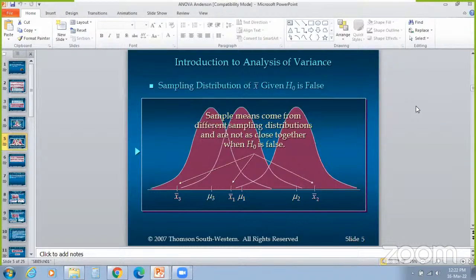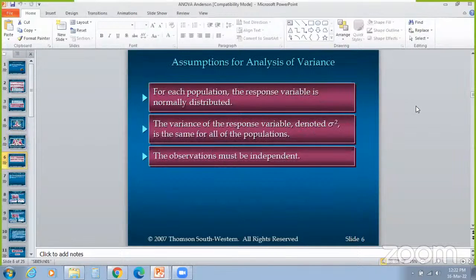If the sample means are coming from different populations, naturally the sample mean values are not equal, and hence the null hypothesis is rejected. So this is just the diagrammatic depiction of the null and alternative hypotheses in analysis of variance. This is the background to analysis of variance.